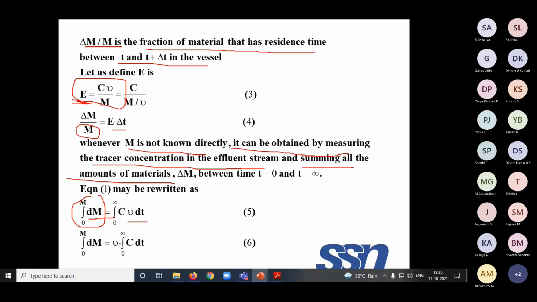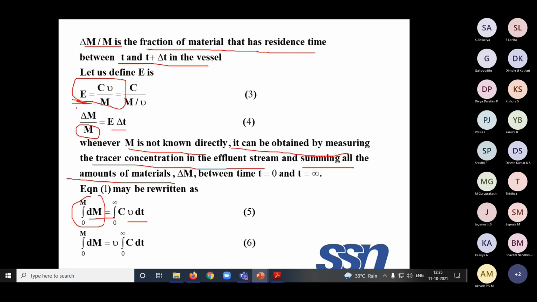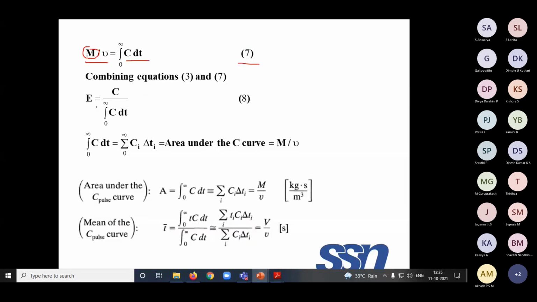Therefore, integral 0 to infinity of C delta T. So V you put down: M by V, because this integral I took from 0 to M, I substitute, M by V is the integral 0 to infinity of C delta T. So combining this equation and the third equation, the E curve is this, and the E curve is this, M by V. So you can put the E curve as this particular thing. So if I know the C curve, the area under the C curve, and how much the concentration is, I know.